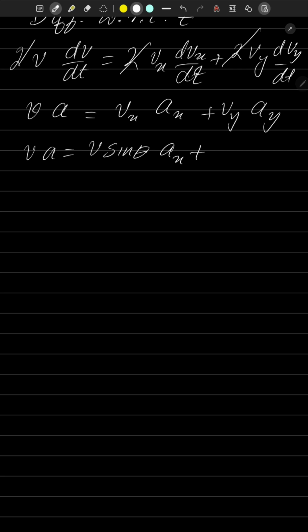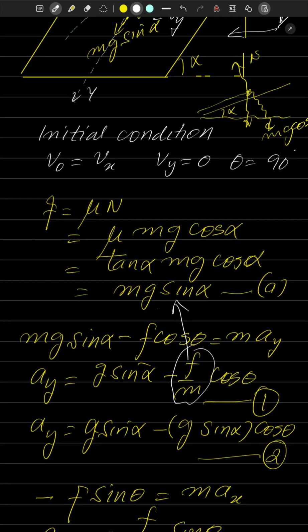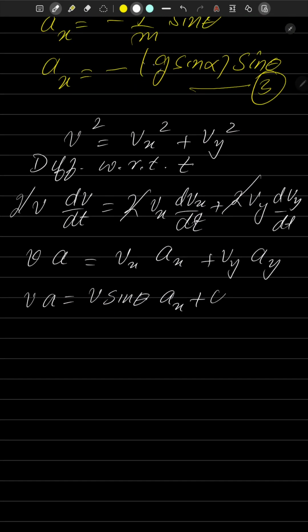The Vy, of course, you know, is nothing but v cos theta. This is the velocity along y, and this is the acceleration along y. So one thing gets cancelled out again.